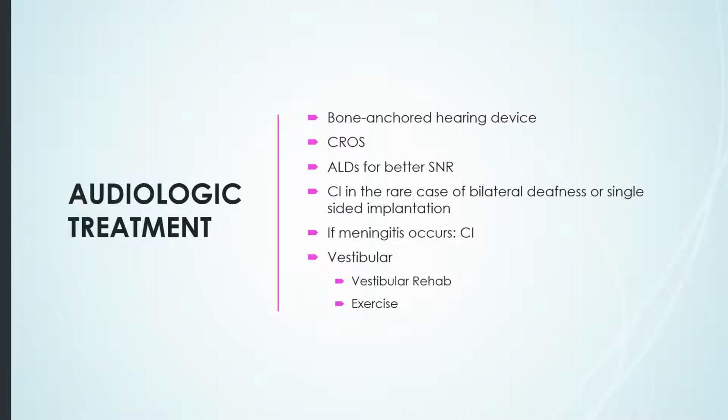CI in the rare case of bilateral deafness, or single-sided implantation if private pay, or if you can find a place that will do it. If meningitis occurs, obviously CI candidacy. And then for the vestibular problems, vestibular rehab and just a lot of exercise.